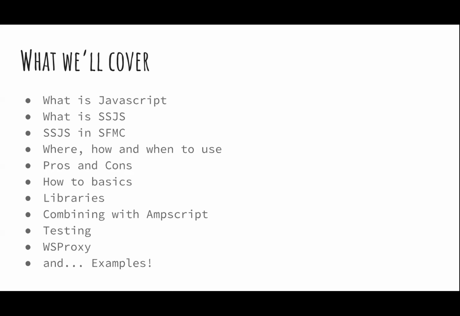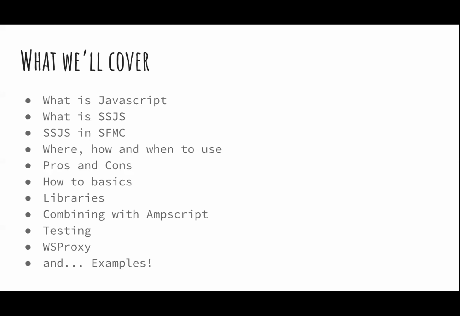When, how and where to use it, the pros and cons of using it, and the basics of SSJS, covering some of the libraries that SSJS uses in Marketing Cloud, how to combine it with AmpScript, testing and debugging, and finally a little bit across WSProxy.